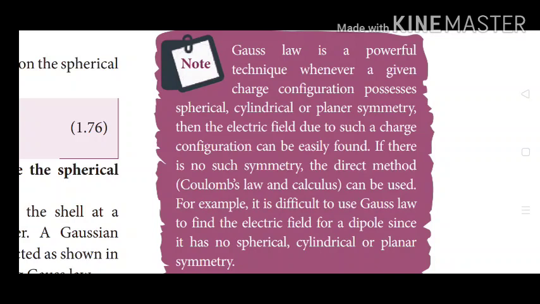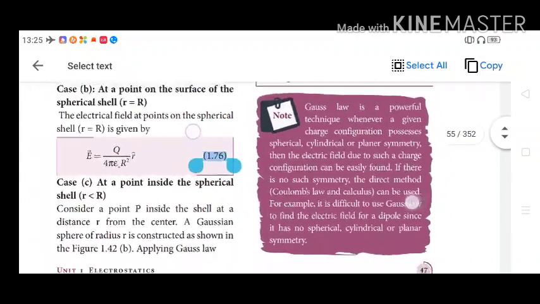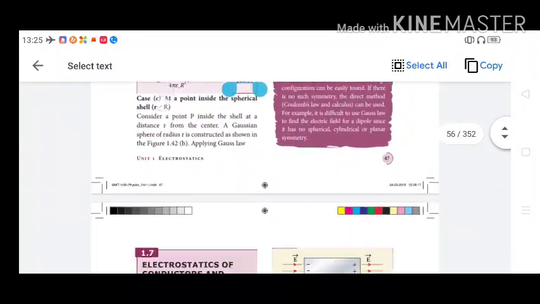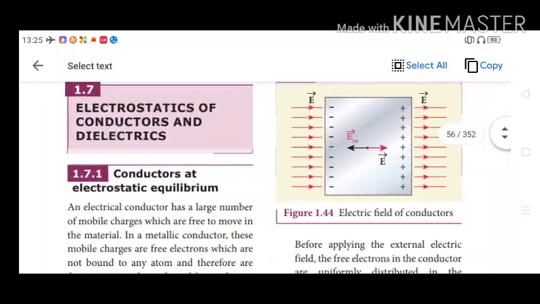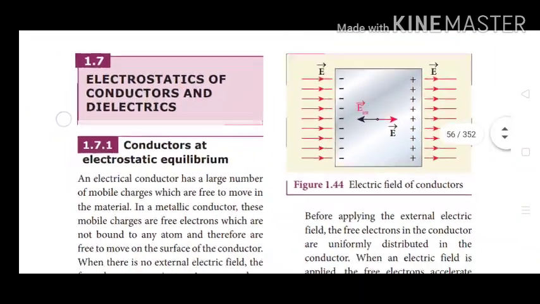If there is no such symmetry, then the direct method, Coulomb's law and calculus, can be used. For example, it is difficult to use Gauss law to find the electric field for a dipole since it has no spherical symmetry. If there is no uniform body, we can't find out the electric field.